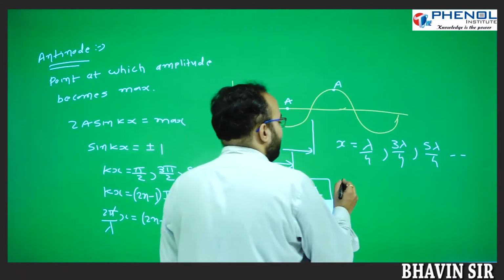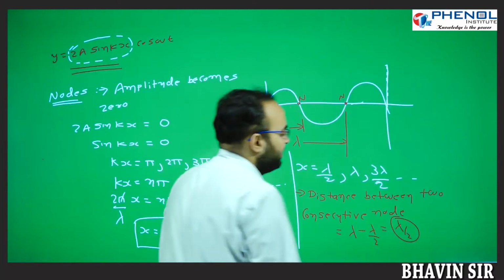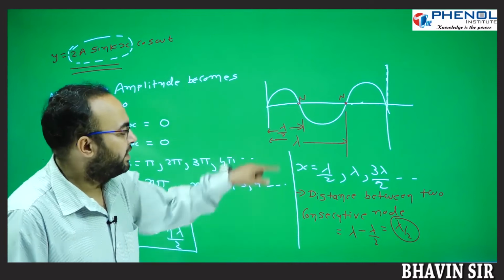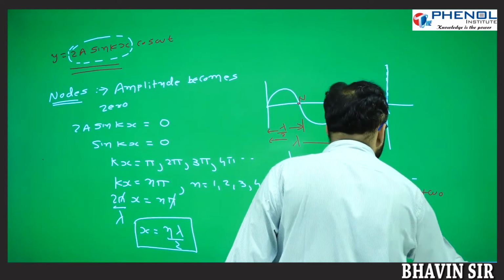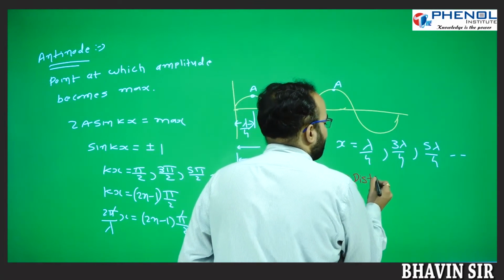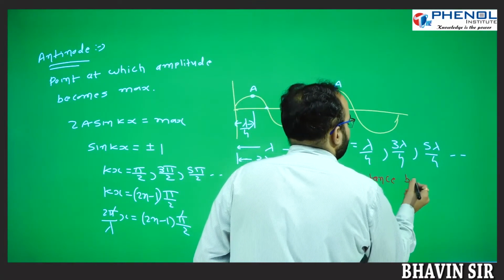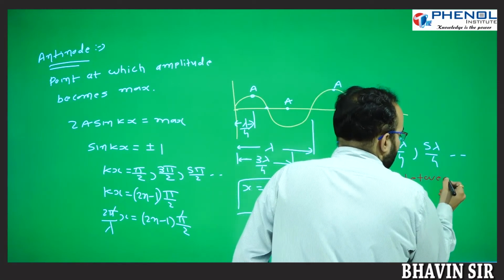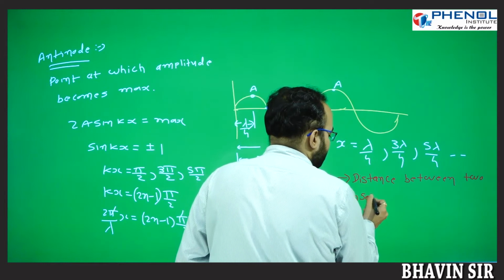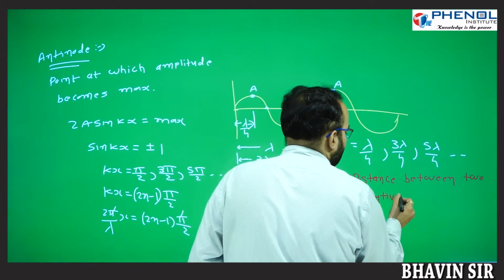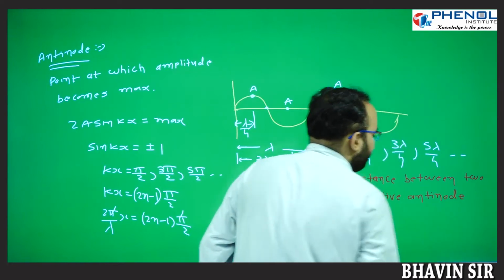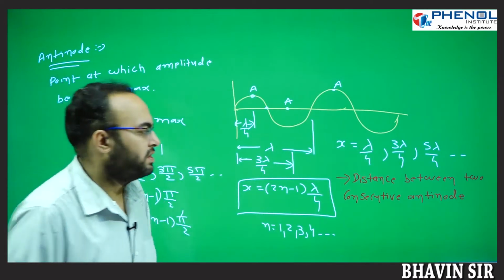Now we discuss the distance between two consecutive nodes, which is lambda by 2. Same here, we find the distance between two consecutive antinodes.